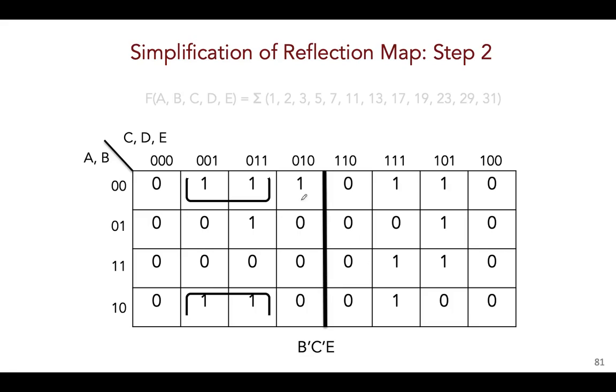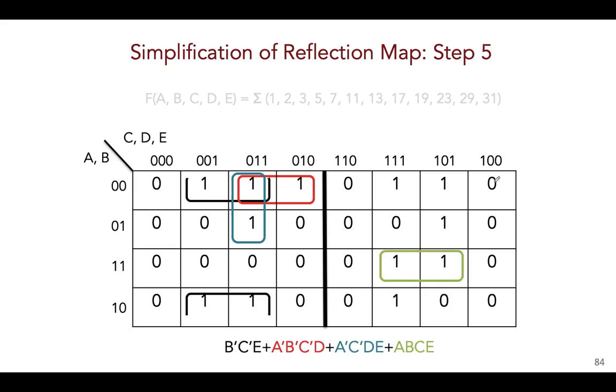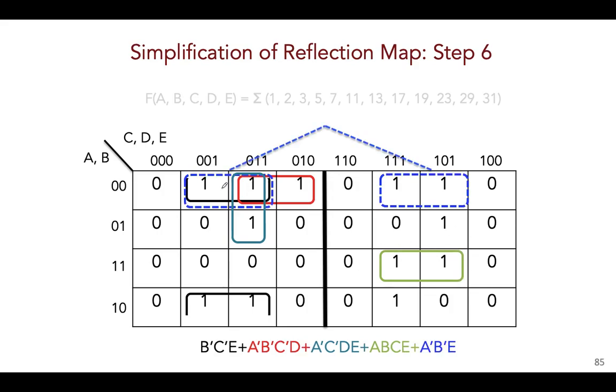All right, so this is the first group that we can see is formed in the left hand side of this 5-variable K-map. This is the name of the group. Then this is the second group, the third group. Then we're moving on to the right hand side of this K-map. This is the fourth group, and then we can start making groups across the mirror.